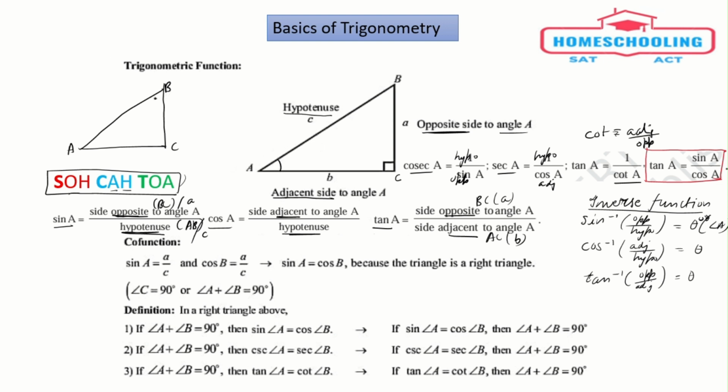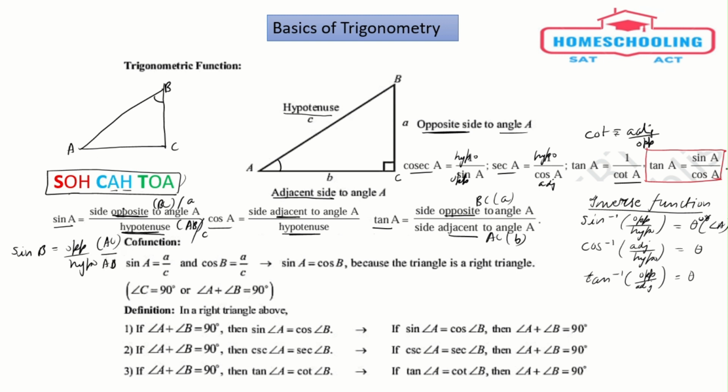What would happen if we take sine B? So for sine B, that would be opposite by hypotenuse. So what is the opposite of angle B? That would be AC, and hypotenuse is AB.